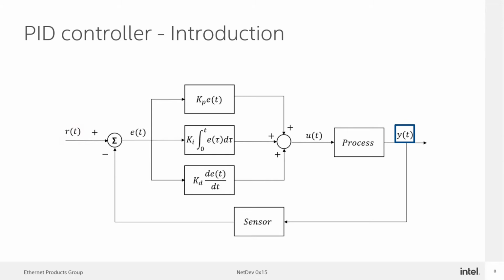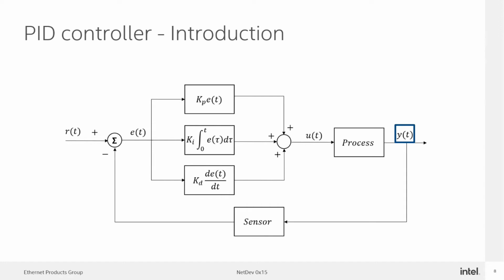The response of the system, described as Y of t, should represent the value that is currently reached by the system at the given point in time. Using our example, if the temperature equals 26, then the sensor will return 26 degrees.